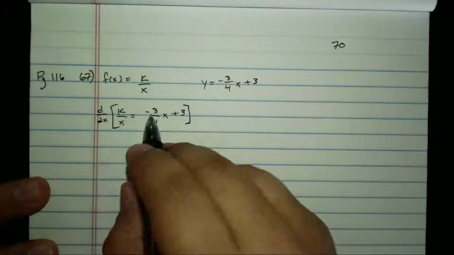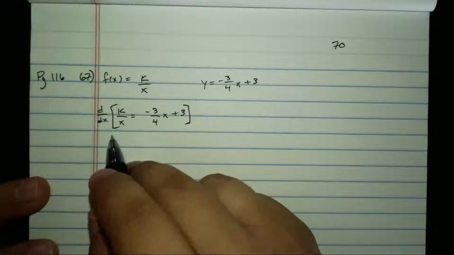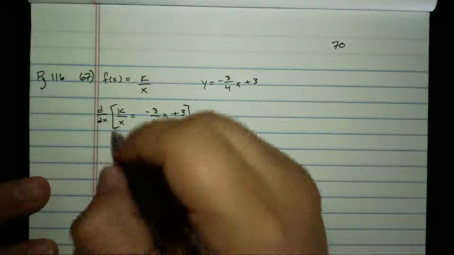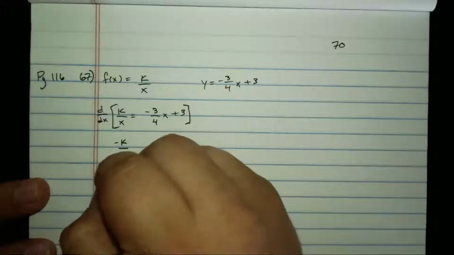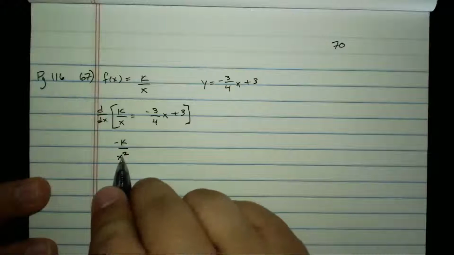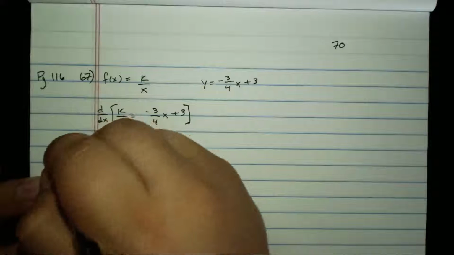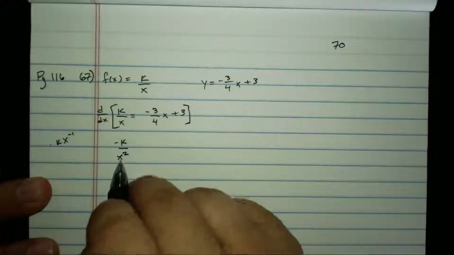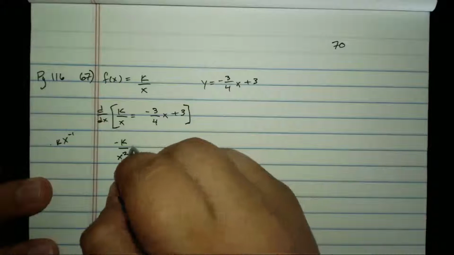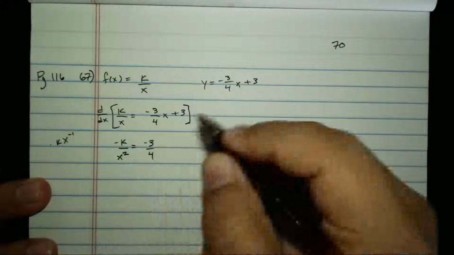This is x to the negative 1, so it becomes negative 1 over x squared. So in other words, it becomes negative k over x squared. And that's because you have this k x to the negative 1. So bring the negative 1 over, subtract 1, turns into this. Okay, take the derivative of all this stuff, it gives you negative 3 over 4.